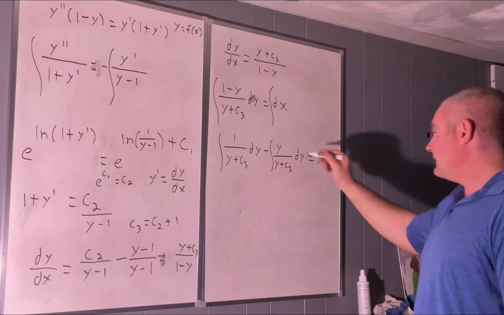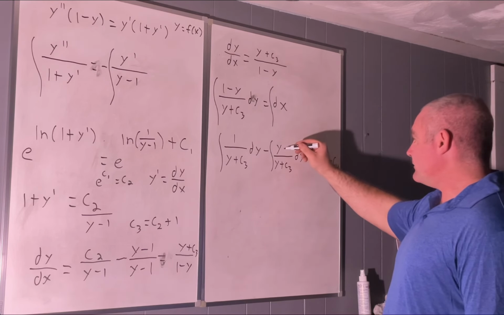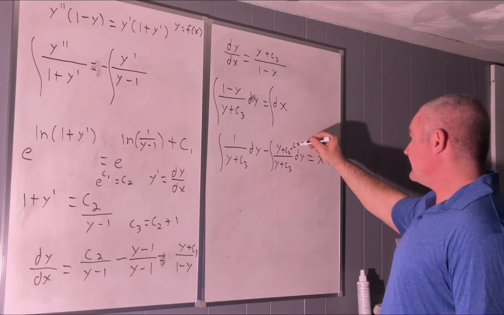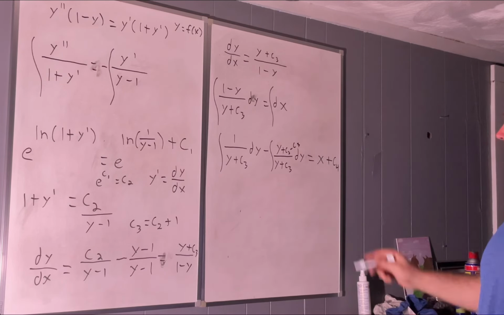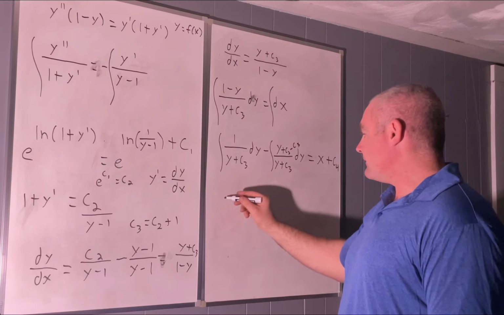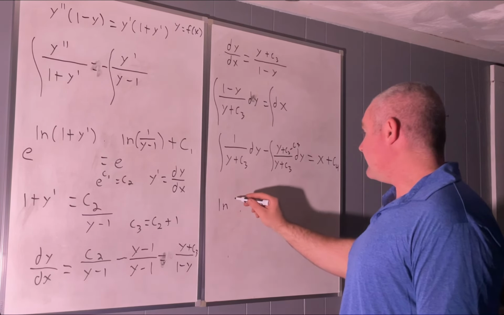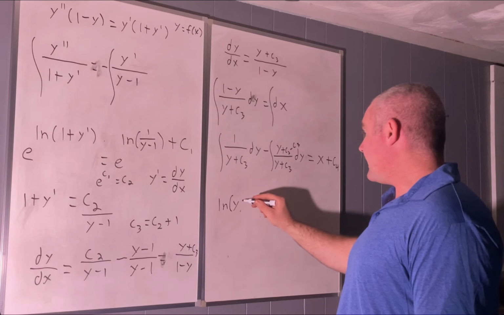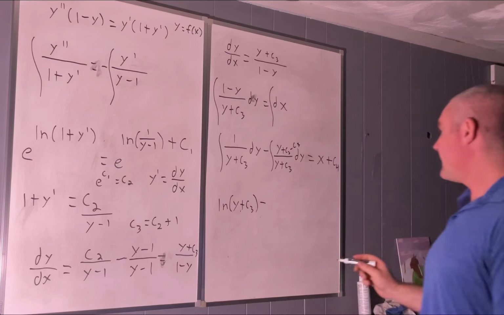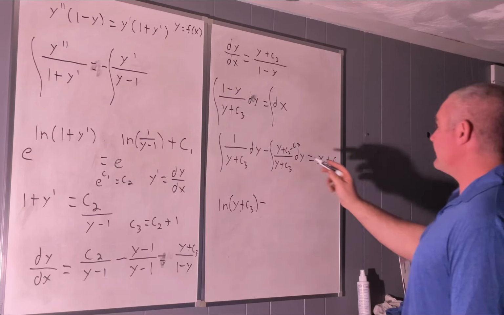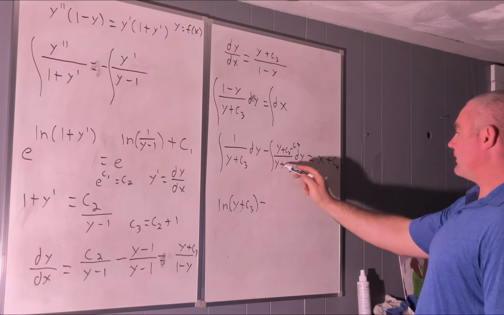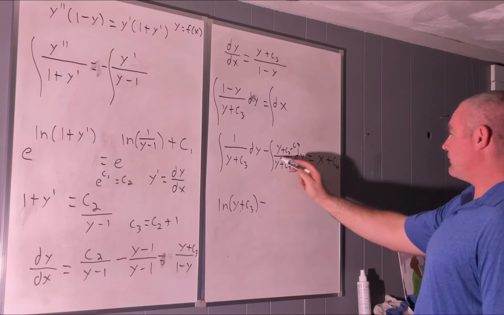Now for this integral, what I'm going to do is add c3 and subtract c3. Now I'm going to evaluate this integral in the next step. So this will give us the natural log of y plus c3 minus, splitting this up into two separate integrals, this one over this minus this over this.